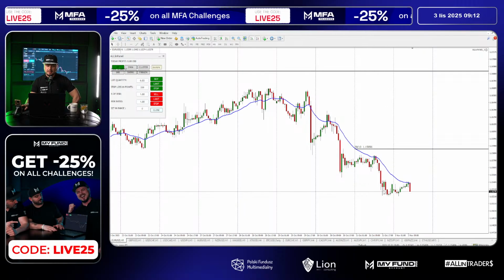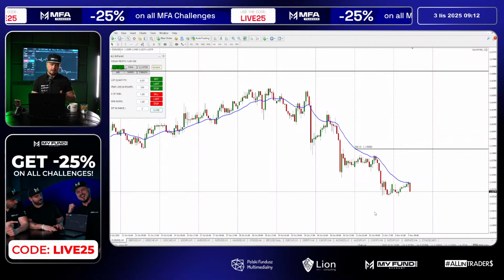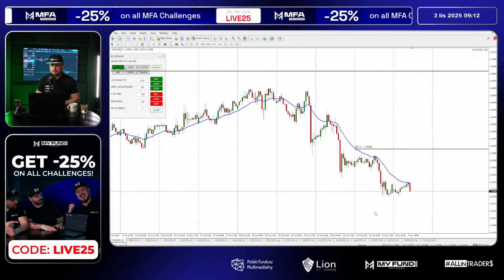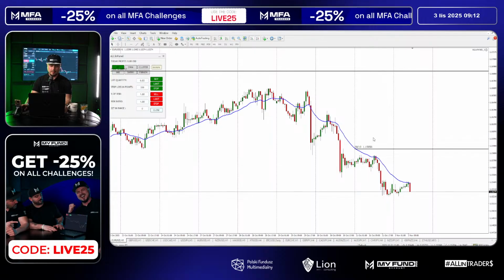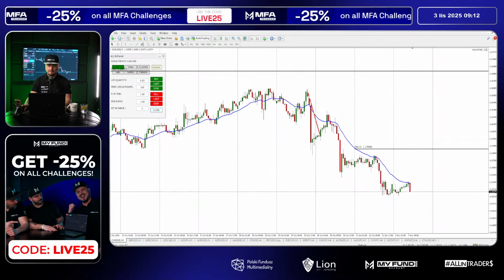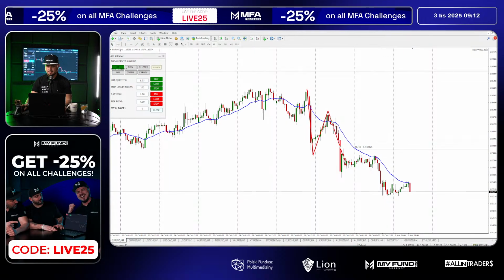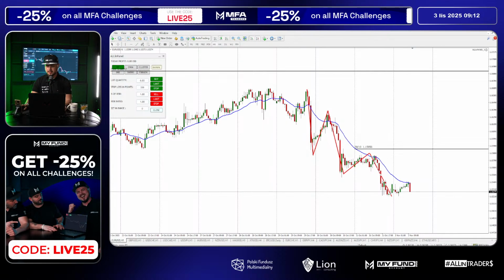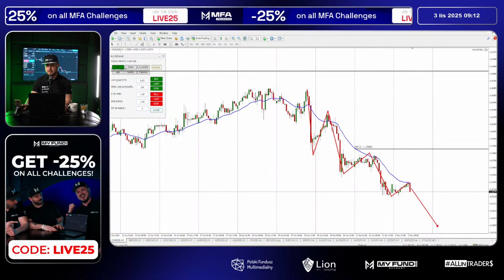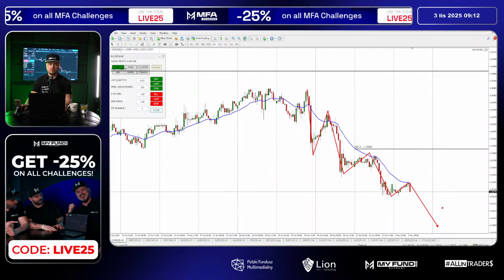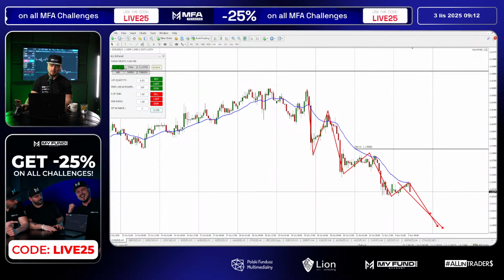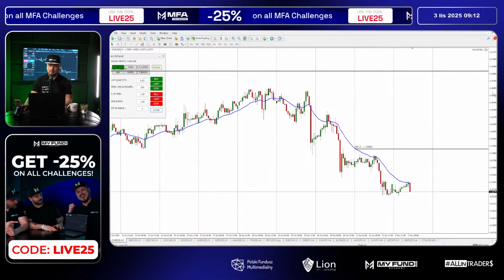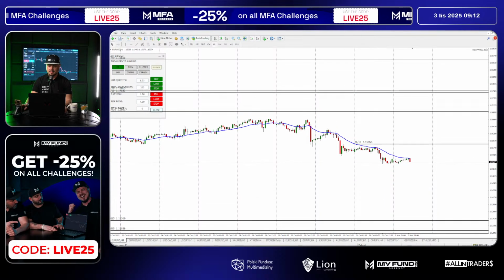And we can still use it, but if we look at market structure, the market structure at this moment is looking bearish, okay? You can see the price is going down. So it would be much better for us to look for some opportunities to go down. So for sell, but I don't see any target.